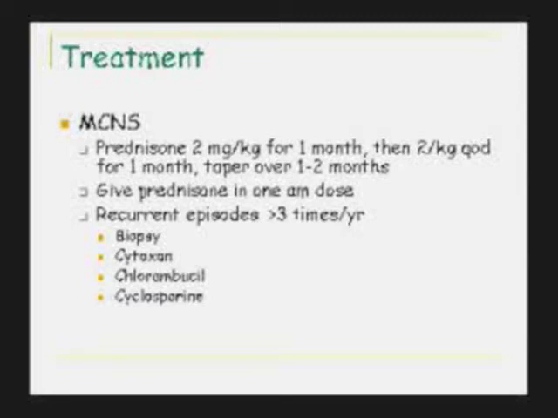And I group cyclosporin and Prograf together. I just wrote cyclosporin down here, but the actions are similar in this situation of cyclosporin and Prograf, and they can both be used. Over the last couple of years, cyclosporin or Prograf are the big choices there.